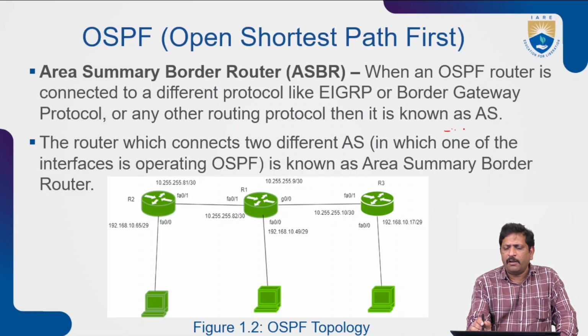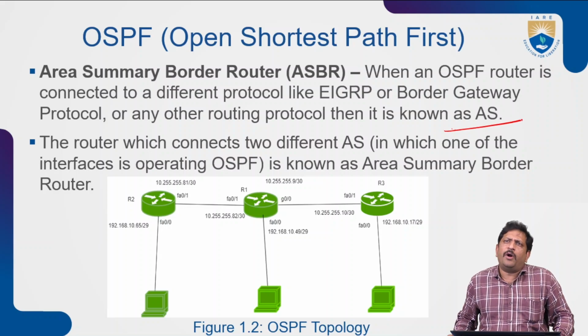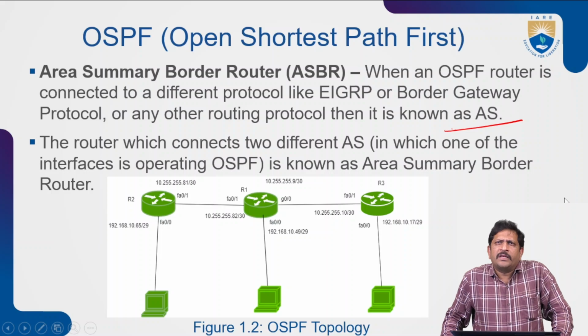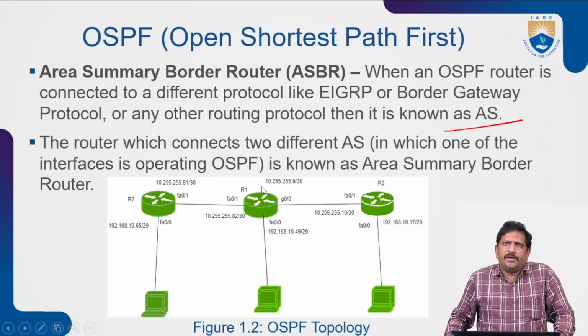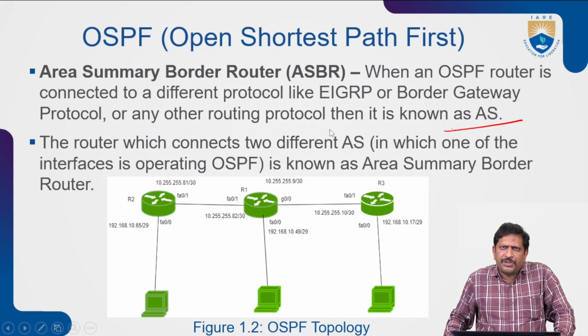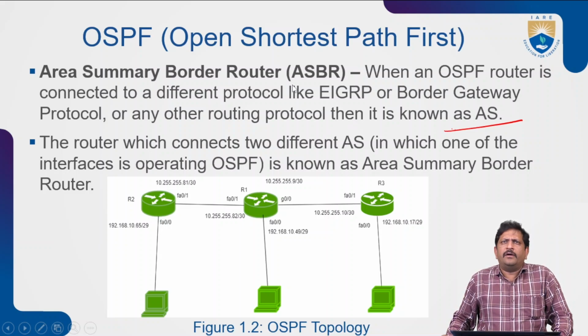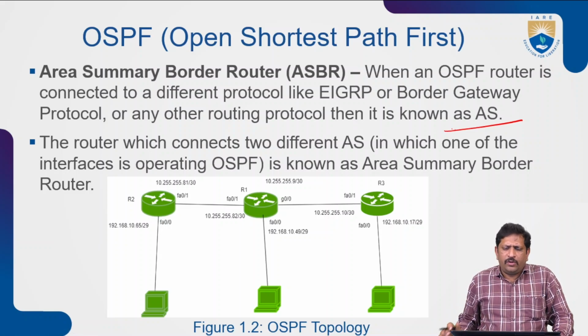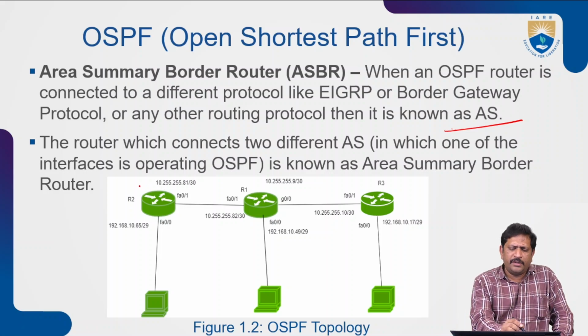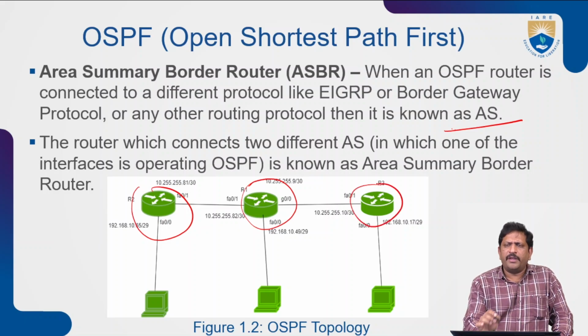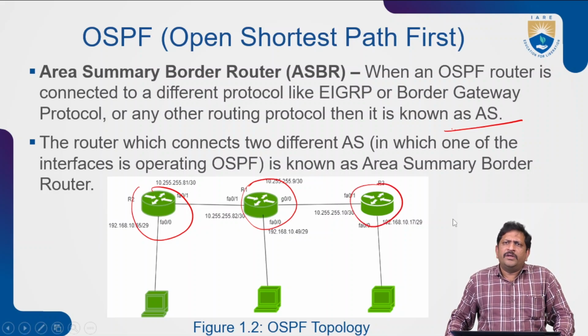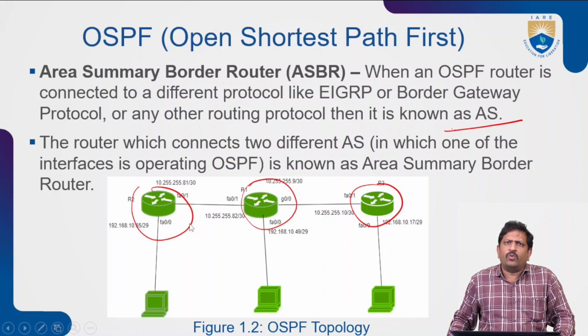That means whenever it is connected to the Border Gateway Protocol, we call it an ASBR. It connects to two different ASBRs. This is one ASBR, this one is another, and this is another. Here they are known as the ASBR routers.